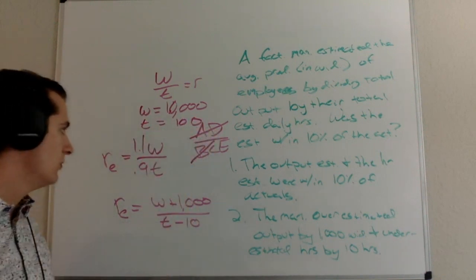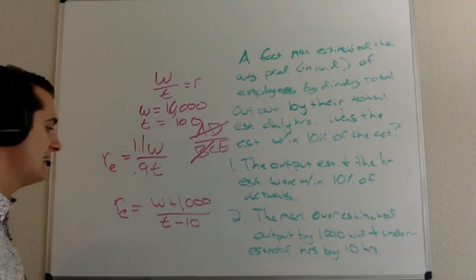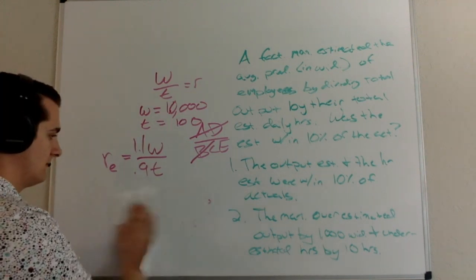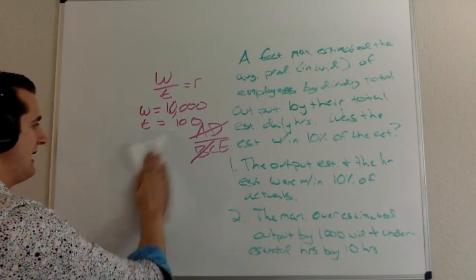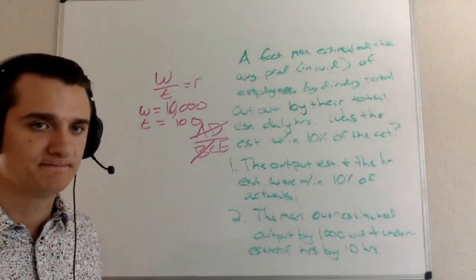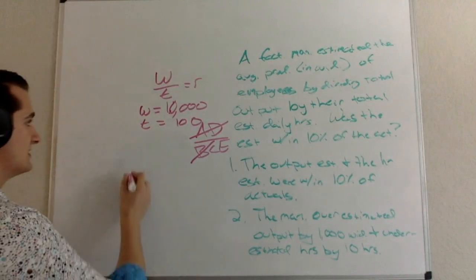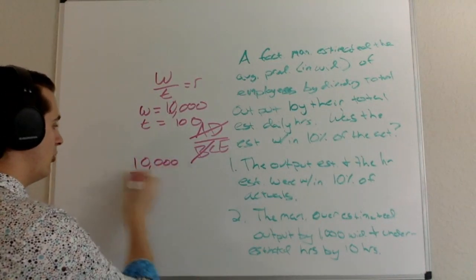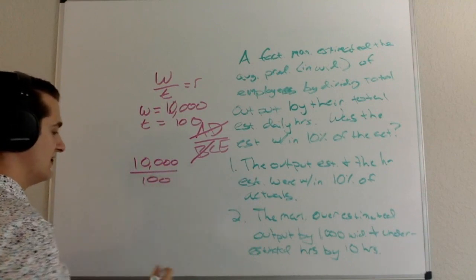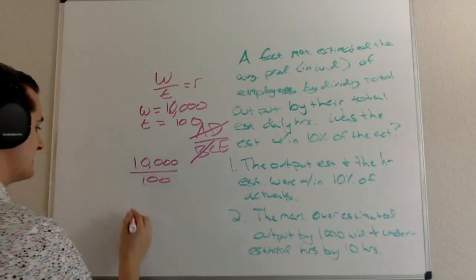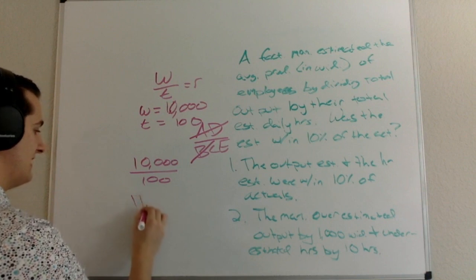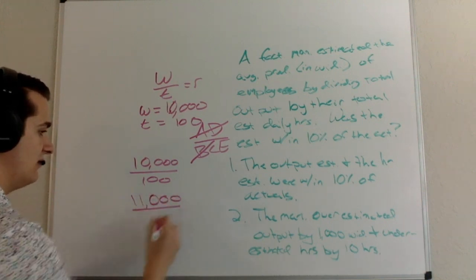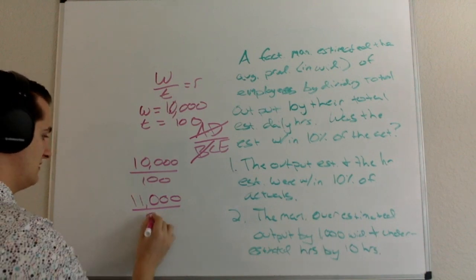Well, here, what I can say then is that I can compare my estimate versus my actual. So my actual is going to be 10,000 over 100. But my estimate is going to be, remember I overestimated by 1,000 widgets, 11,000, and I underestimated by 10 hours.